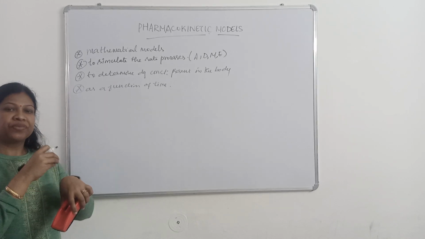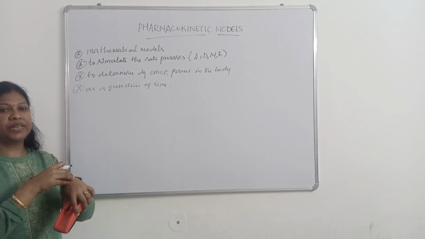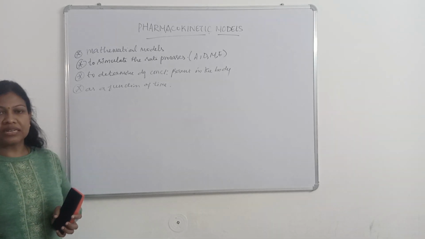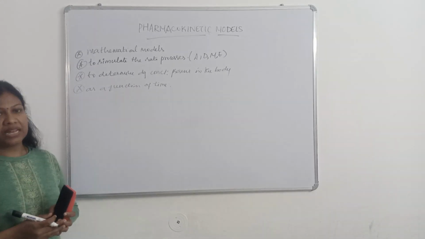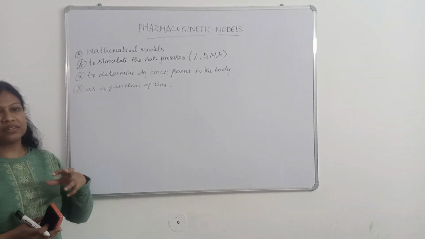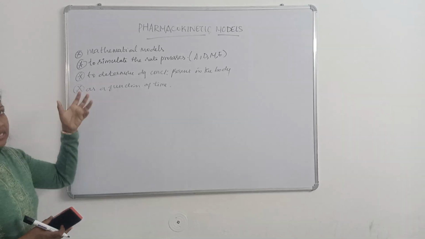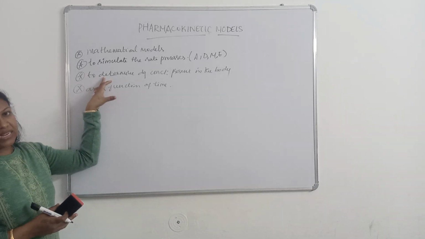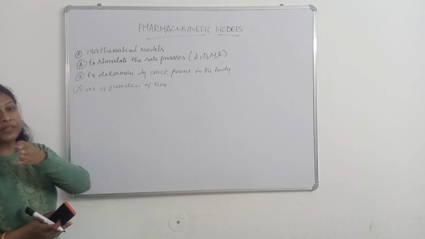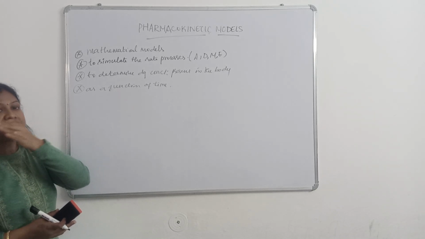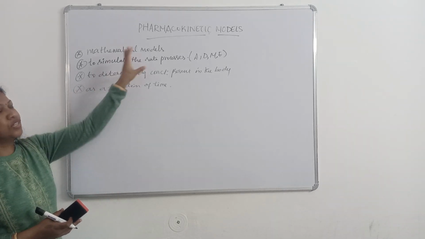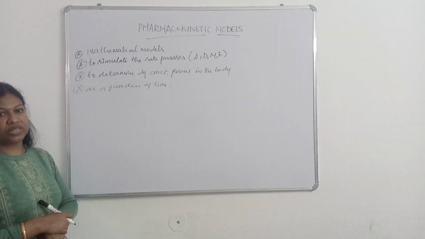So initially the drug concentration in the blood will be 100%, and as time goes on the drug concentration decreases. So there is a change, either an increase or a decrease in drug concentration. How much increase or decrease takes place has to be determined, and it takes place with respect to time. As time changes, the drug concentration also changes. That has to be studied using these pharmacokinetic models.